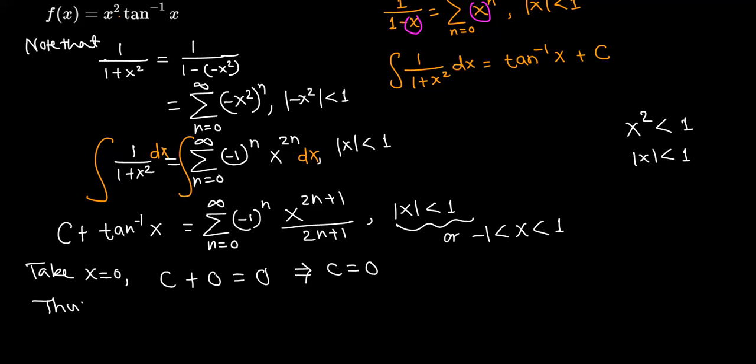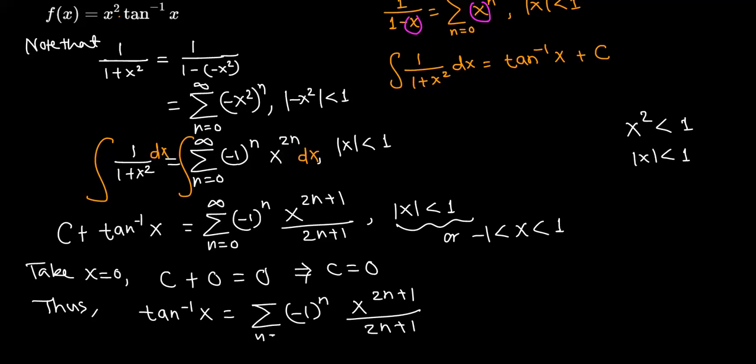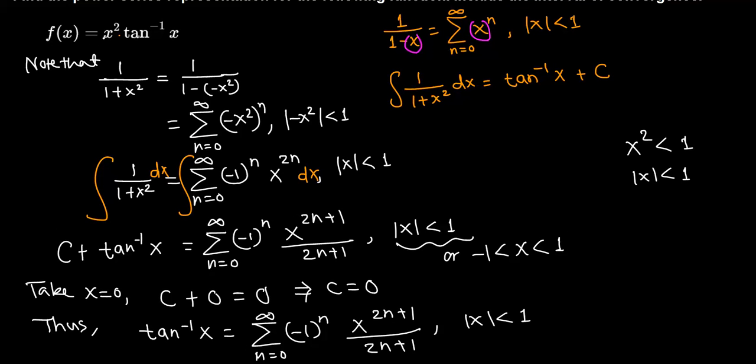Thus the power series for tangent inverse x is the sum of negative 1 to the n, x raised to 2n plus 1 divided by 2n plus 1, n from 0 through infinity, and this is valid for absolute value of x less than 1. Okay, so this is for tangent inverse, but the question is x squared times tangent inverse.